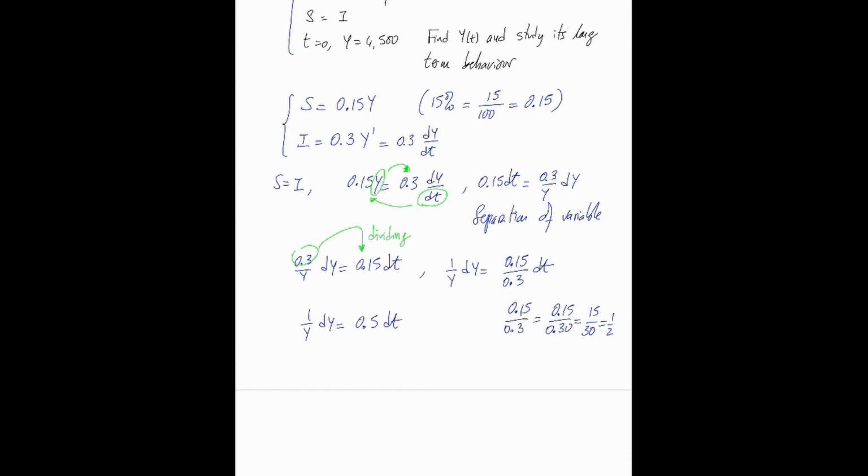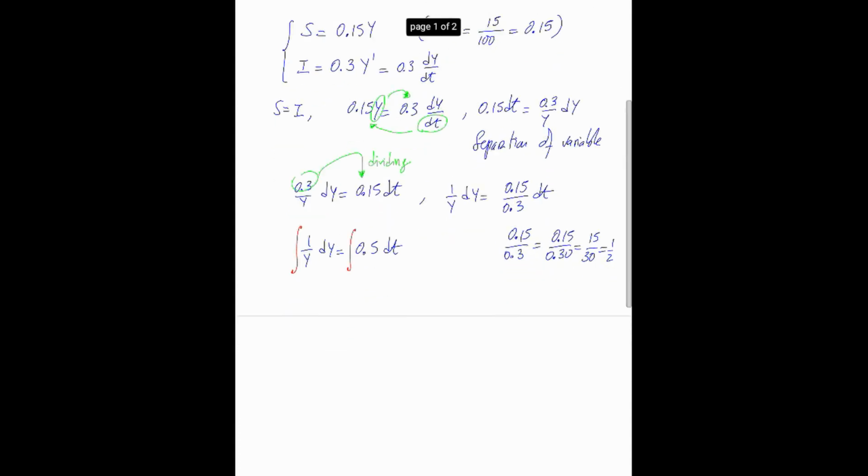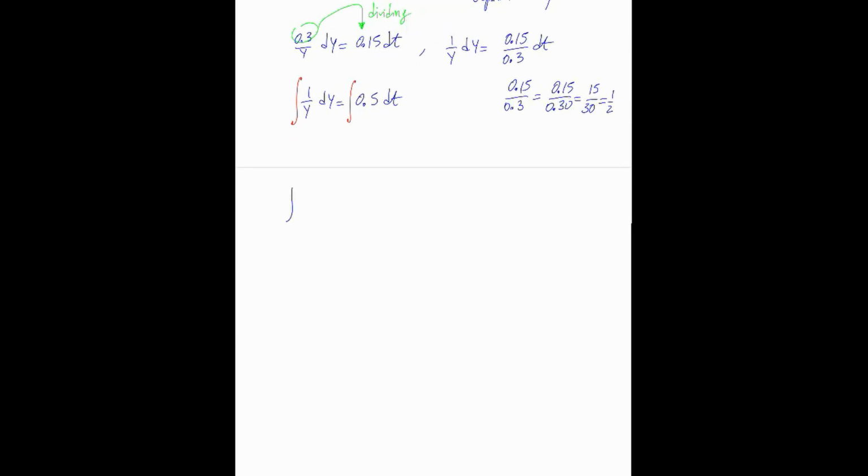Once we have done that, we have to integrate both sides. What we get on the left-hand side is the integral of 1 over y dy. This should be, really speaking, the log of the absolute value of y.